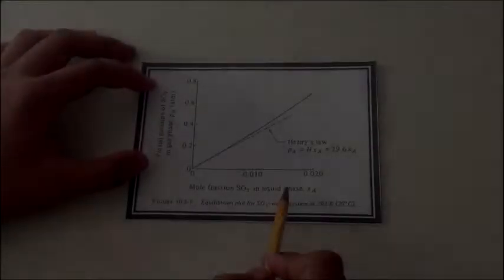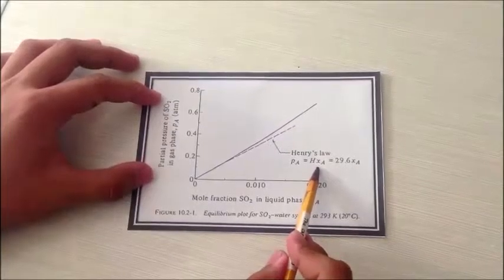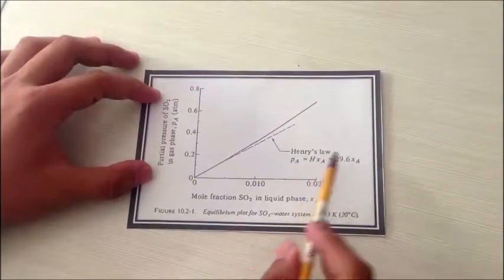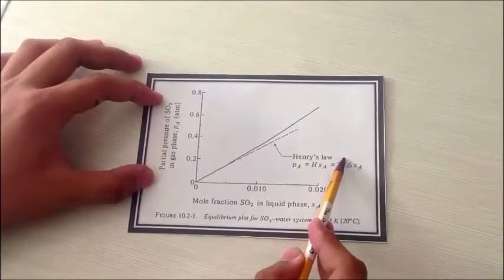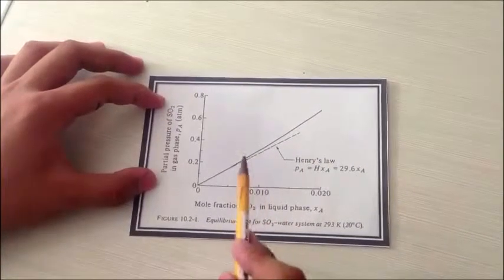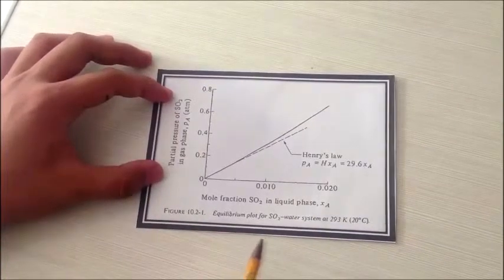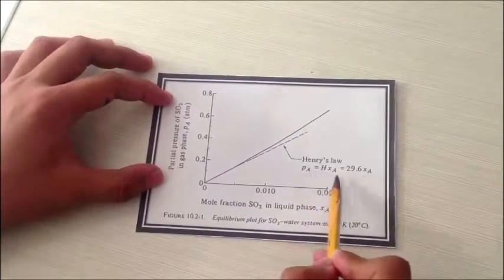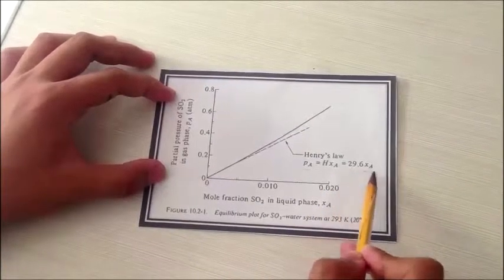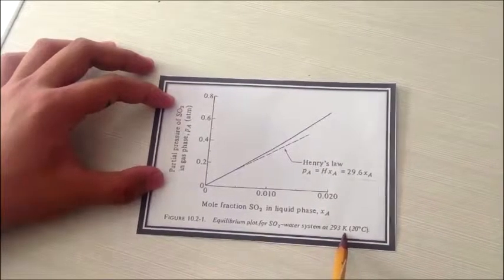We are about to find the value of the concentration of the solute in the leaving liquid using Henry's law, since it is stated in the problem that the leaving gas and liquid are in equilibrium. We have a relationship of Pa equal to 29.6 XA for SO2 at 293 Kelvin.